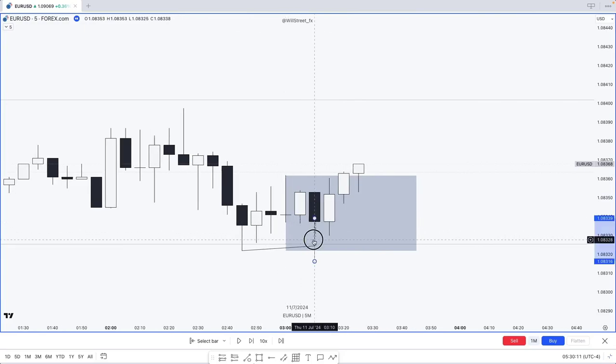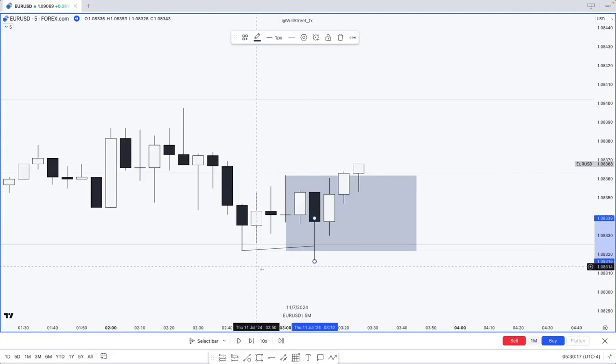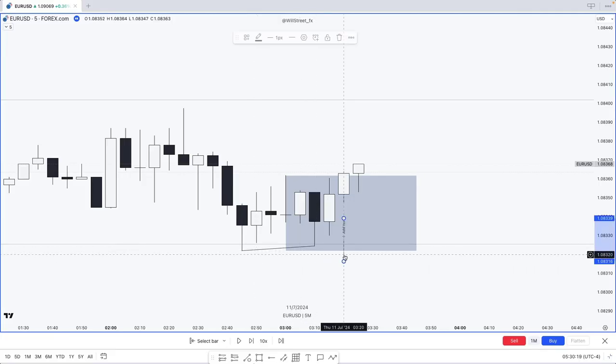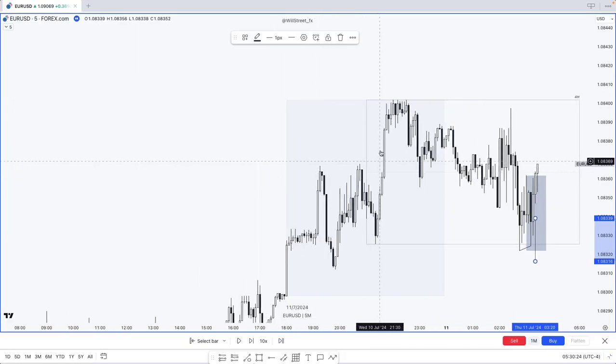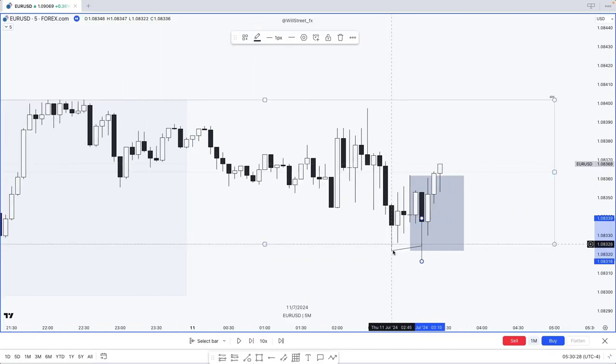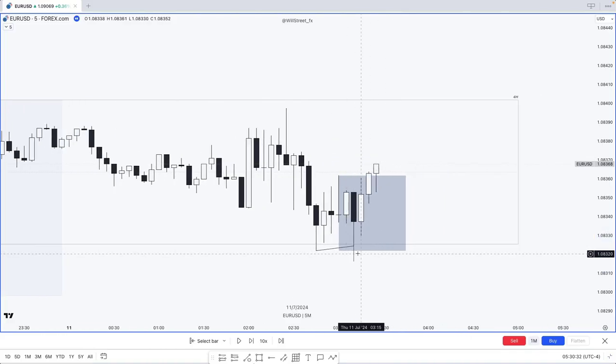Inside that range, this doesn't exist, but look how it tries to attack the turtle soup and reacts where? What is this? The 4-hour range low acts like a change in state of delivery. So first one, imagine a turtle soup.